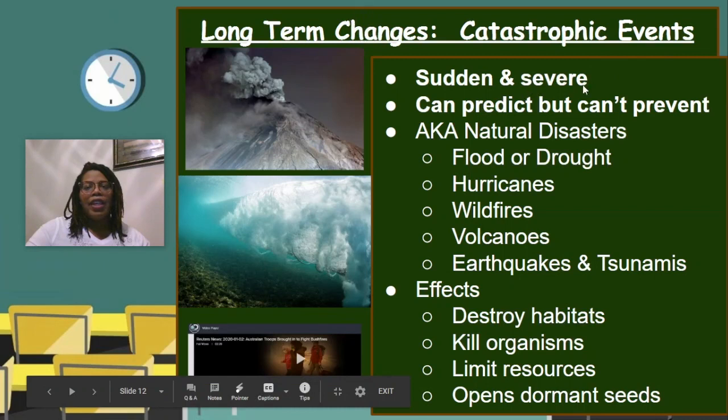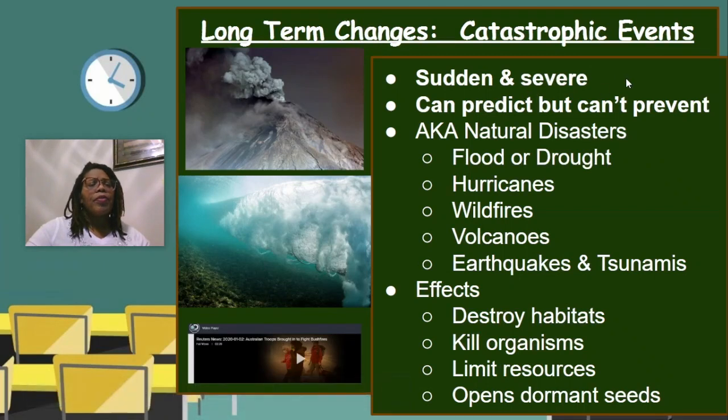So catastrophic events are sudden and severe natural events that we can predict based on weather patterns a lot of times, but we cannot prevent them. We cannot stop them from happening. We cannot stop a volcano from erupting currently with the technology we have in 2020. We cannot stop a hurricane from coming. So these are known as natural disasters. Often people call them that.